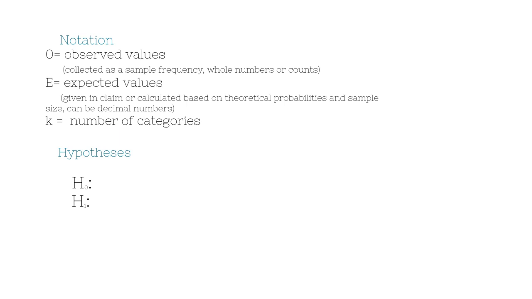After you've come up with your claim and found your observed values and calculated your expected values, it's time to write down your hypotheses. In a goodness of fit test, your null and alternative hypothesis will always be the same. The null hypothesis is a good fit.